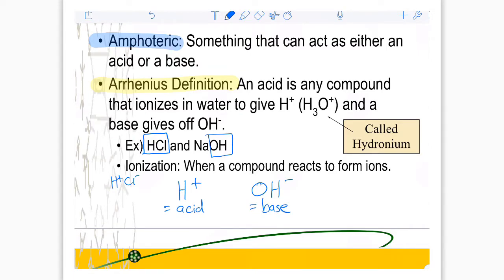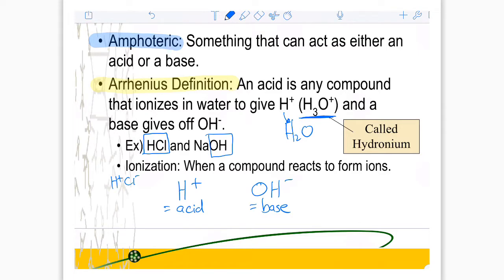Now, when the H+ ions are floating around, what will basically happen is this chemical will donate its H+, and this H+ just doesn't float around like an Na+ does. It'll actually attack water. If you think about water, which is H2O, all of a sudden that H+ adds onto it and you get this molecule.